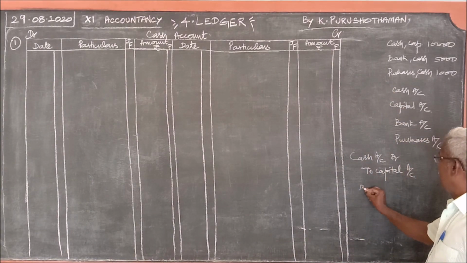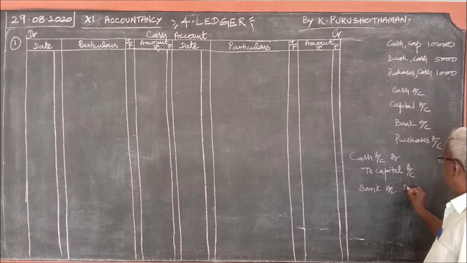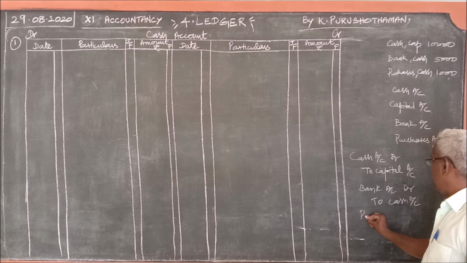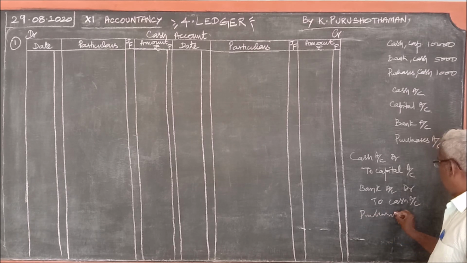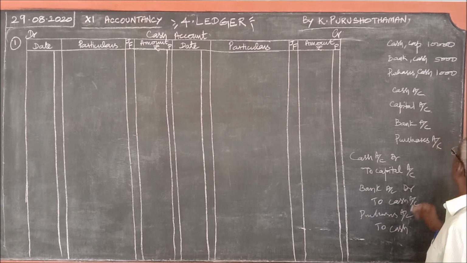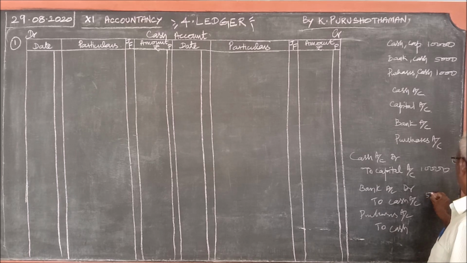The second journal entry, bank account, roughly I am writing, debtor to cash account. The third journal entry, purchases account debtor to cash account. Right, this is 10,000, 5,000.